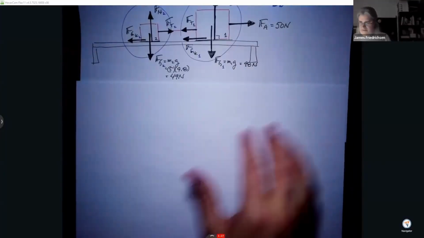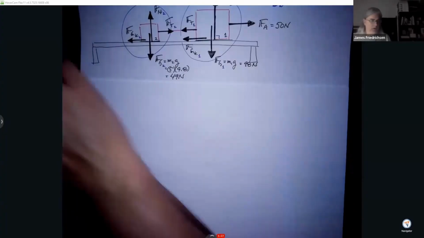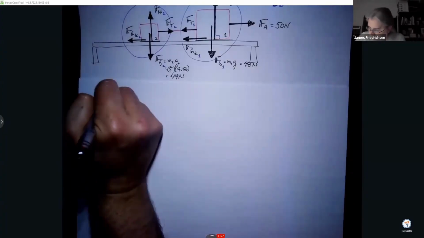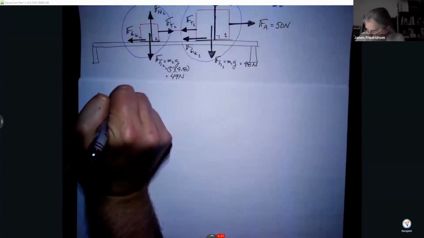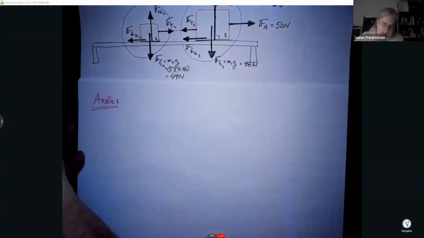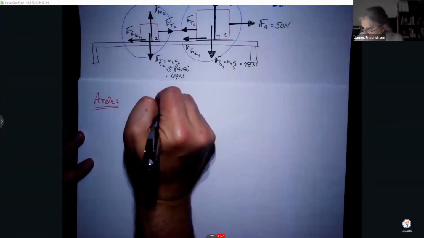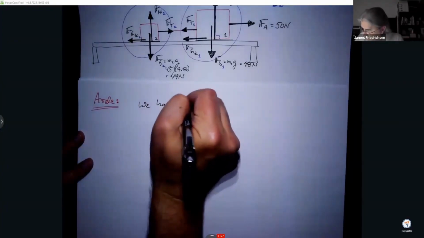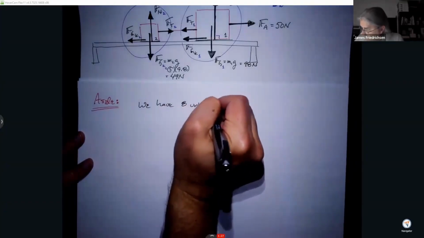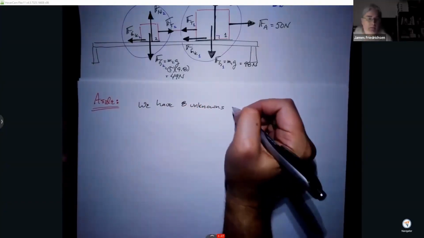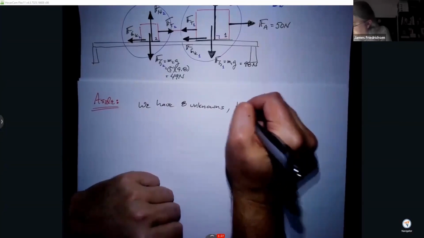Now I'm going to have a little aside. What we have going on is 8 unknowns, but only 6 equations.